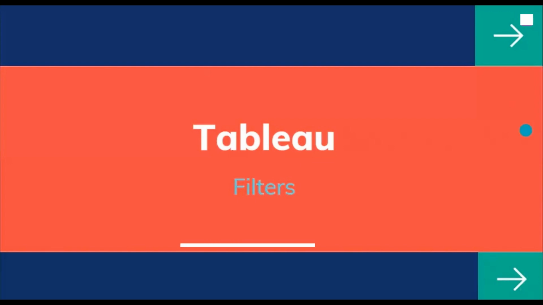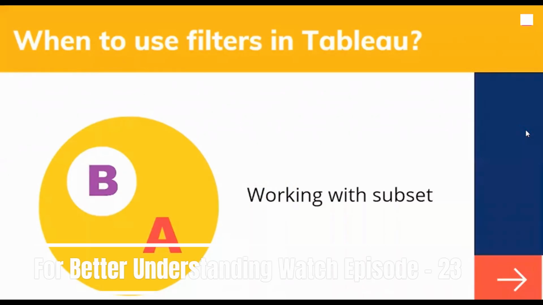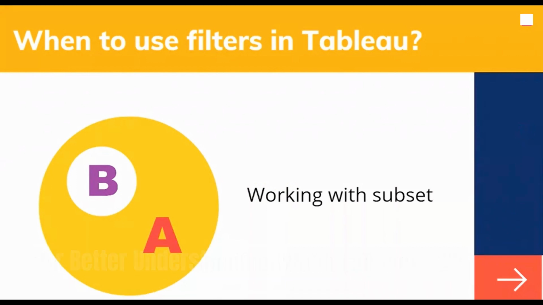So ultimately, what you are aiming for is that you have a complete set, which is your 1 lakh rows of records. From this 1 lakh records, you wanted to obtain only the 1,000 rows of data, which you can consider as a subset of your complete set.